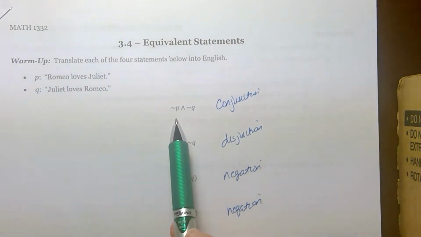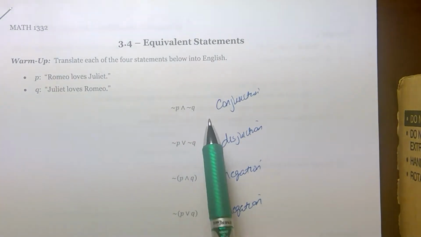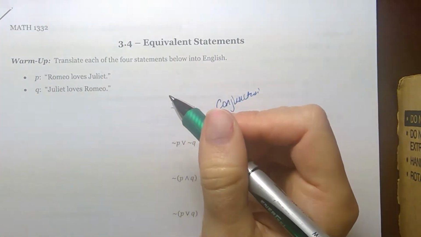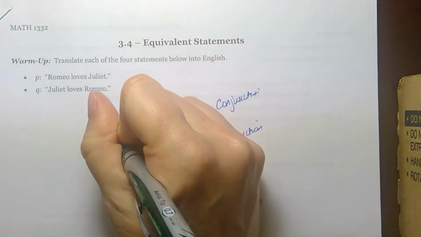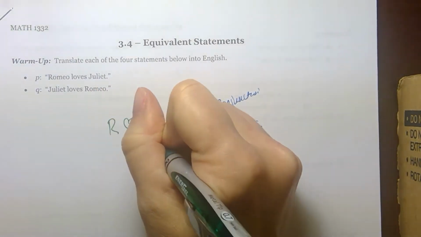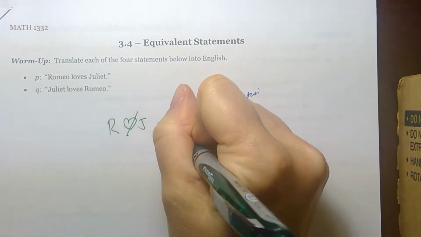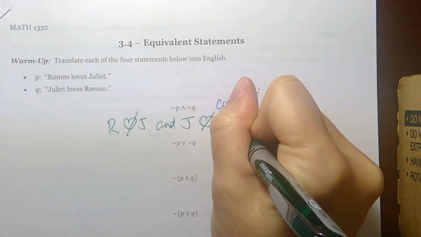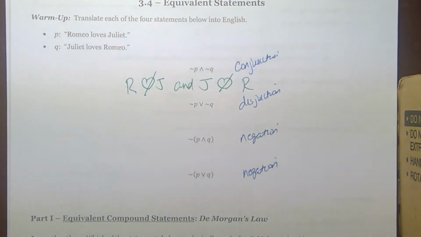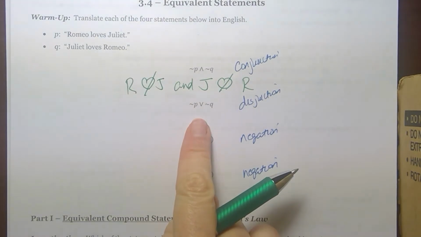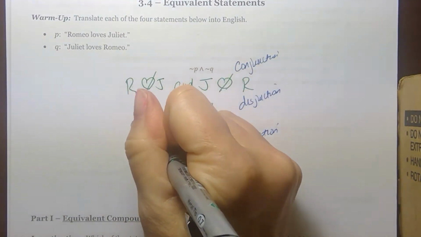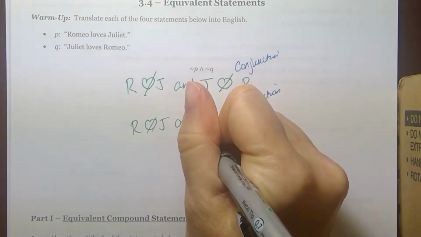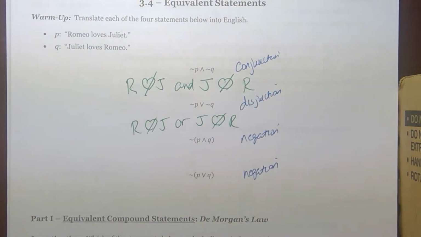Okay, for our conjunction, we have not P and not Q. So this is, for these 2 statements, Romeo does not love Juliet and Juliet does not love Romeo. A little bit of shorthand there. Then we have not P or not Q, so Romeo doesn't love Juliet or Juliet doesn't love Romeo.